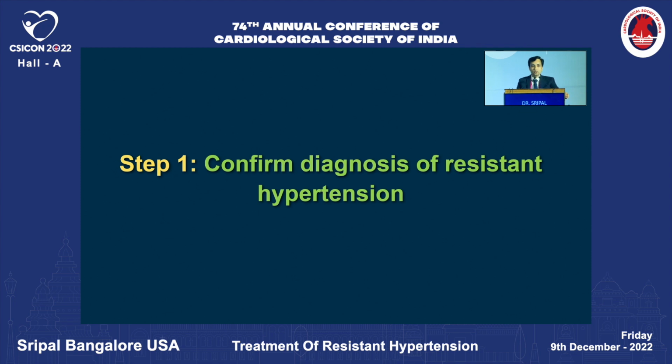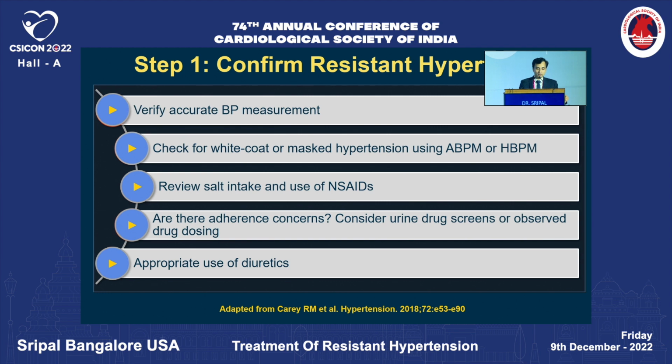So what do we do with these patients? Step one, which multiple speakers have alluded to so far, is to confirm the diagnosis of resistant hypertension. You have to make sure that the blood pressure measurement is accurate and taken when the patient is rested, etc. Also check for white coat or masked hypertension, and again, the guidelines emphasize using out-of-office blood pressure measurement, whether ambulatory blood pressure or home blood pressure measurement.